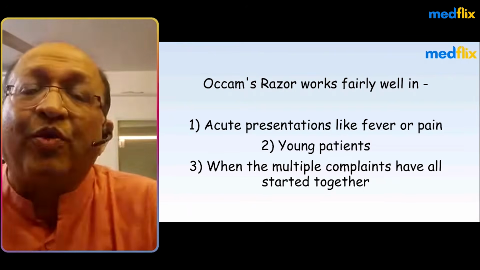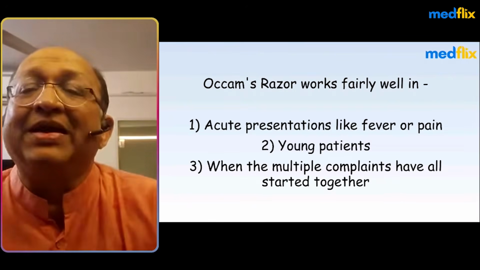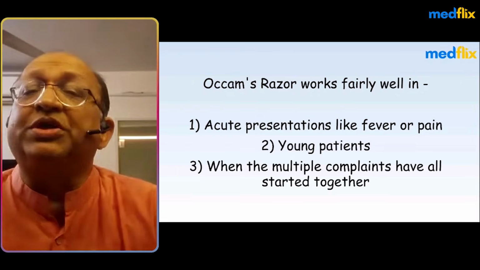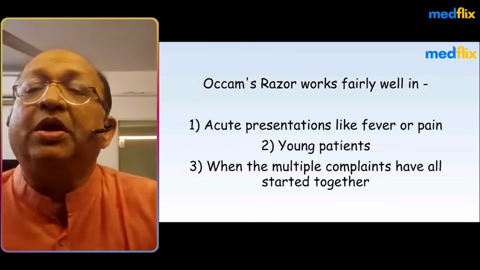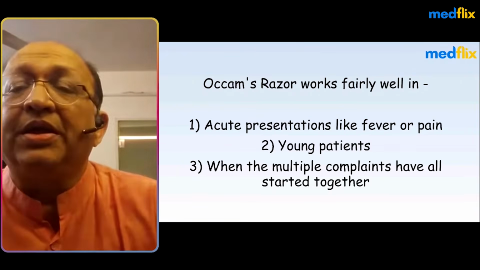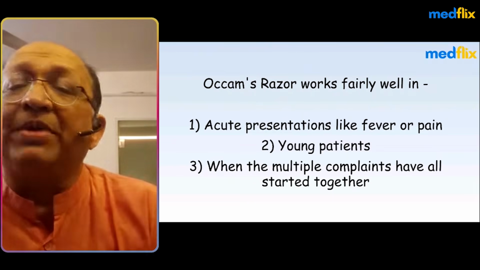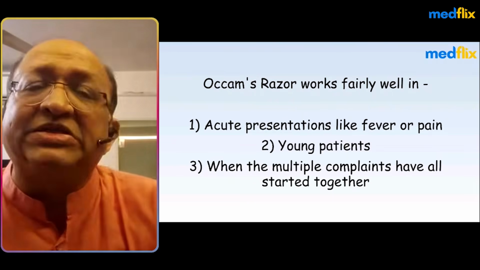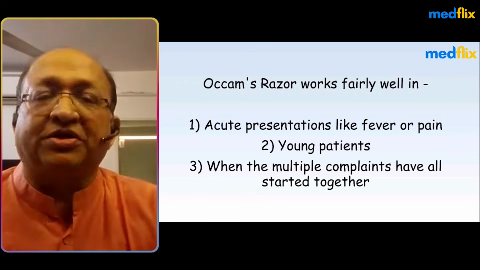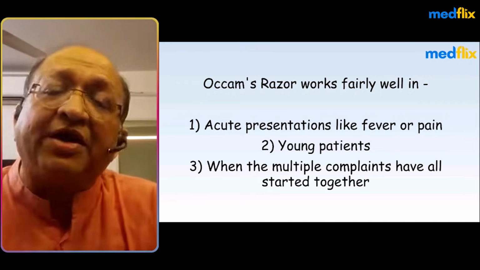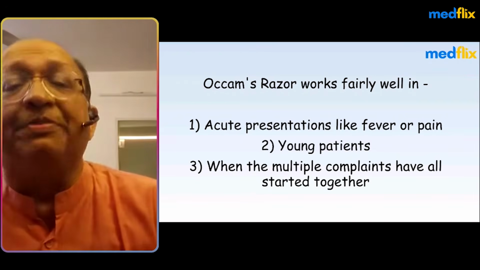Occam's razor works better when the patient presents with acute symptoms, when the patient is young, and when multiple complaints have started either simultaneously or very close to each other. If the symptoms have started at different times, it can still be one cause.